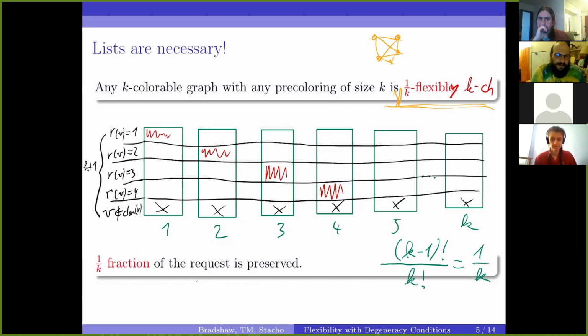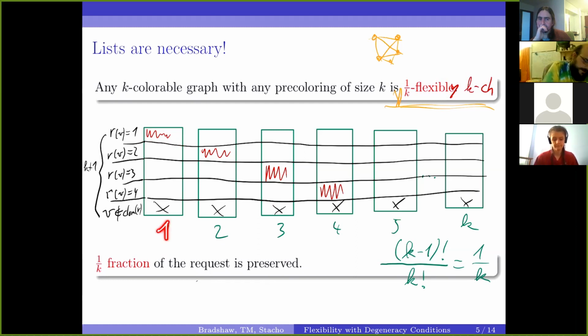Now by simple counting, we know that there are k factorial possible colorings of those independent sets. And if we look at it from the point of view of this one small box, then k minus 1 factorial colorings are good.